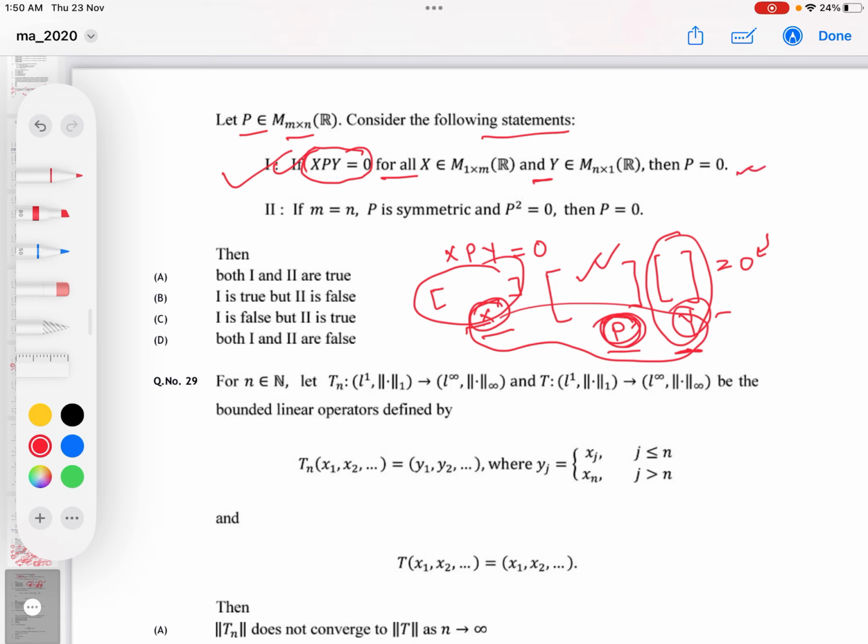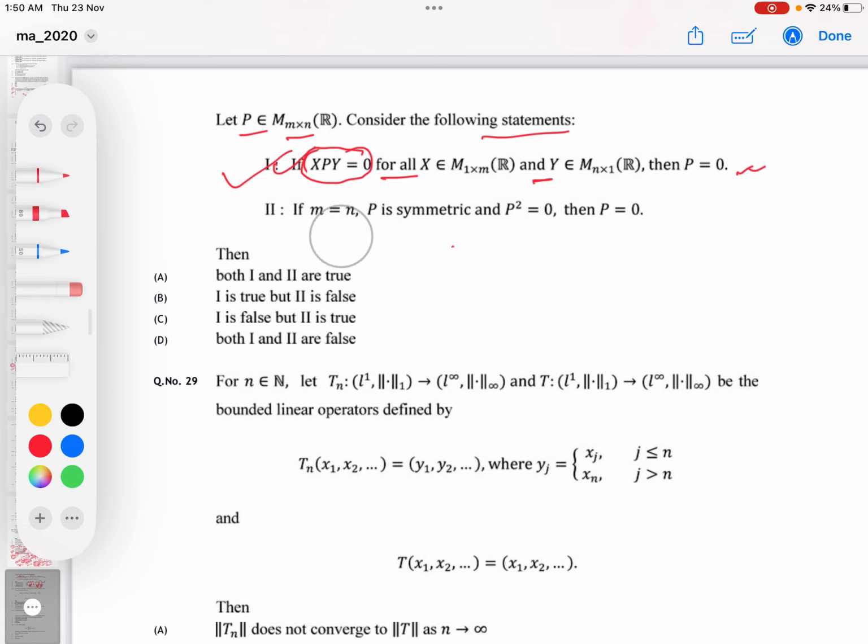Now statement 2: if m is equal to n, so now we have the square matrix. If m is equal to n, P is symmetric, and P square is equal to 0, then P is equal to 0.